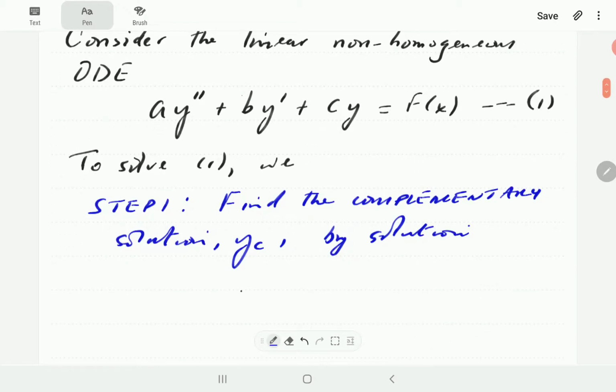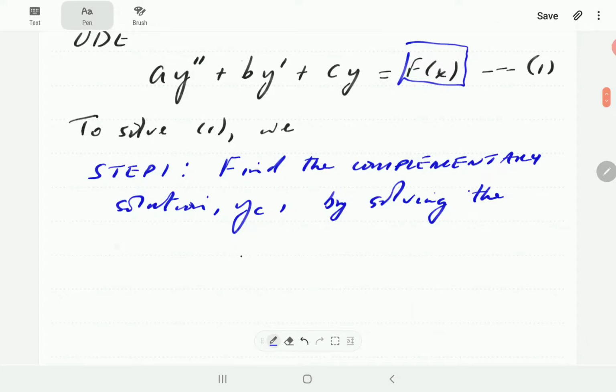What we do is we go back to equation 1 and imagine that this term was not there. So we solve what is called the associated homogeneous ODE.